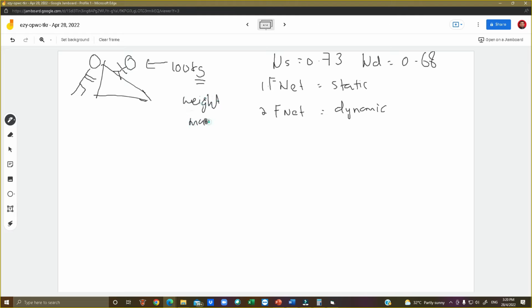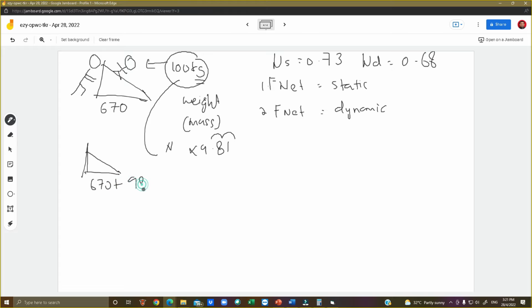We need to use mass, so translate this into Newton first. Times by 9.81. 981 Newton, right? The sled was 670 earlier. So the new system is 670 plus 981, 1651 Newton.